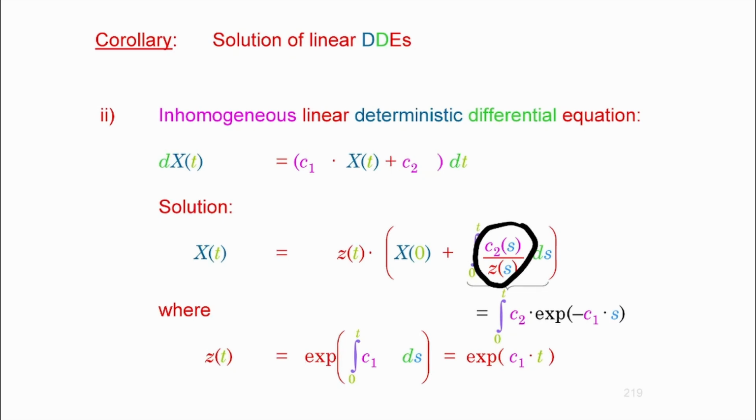How come? Again, if you're not sure, this is C2 by e to the power of C1 times s. And that is equal to e to the power of negative C1 times s. You see? Because you're probably familiar with basic exponentiation, so a to the power of minus m equals 1 by a to the power of m, of course, right?